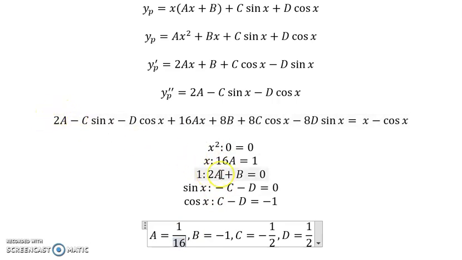Then I take my constants. I've got my 2a, and I've got my 8b, and I set that equal to 0, because I don't have any constants over here. And again, notice my c did not show up anywhere.